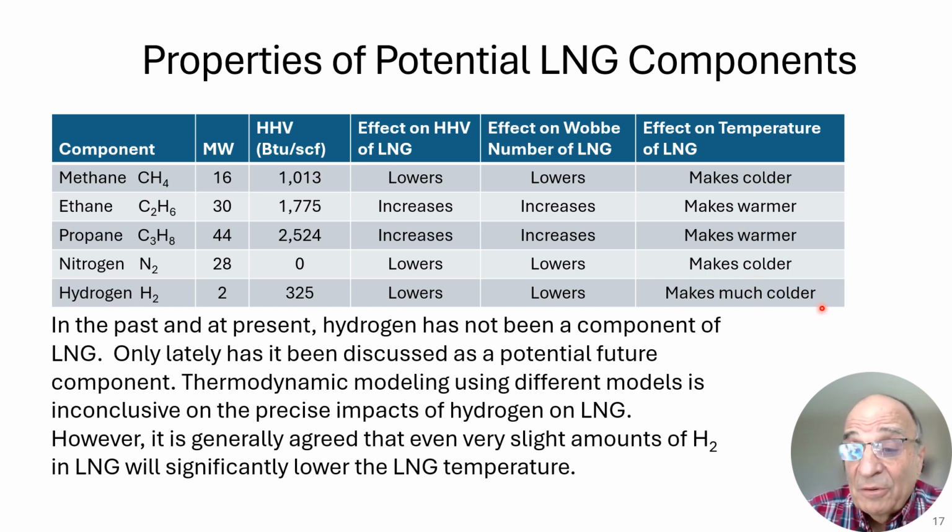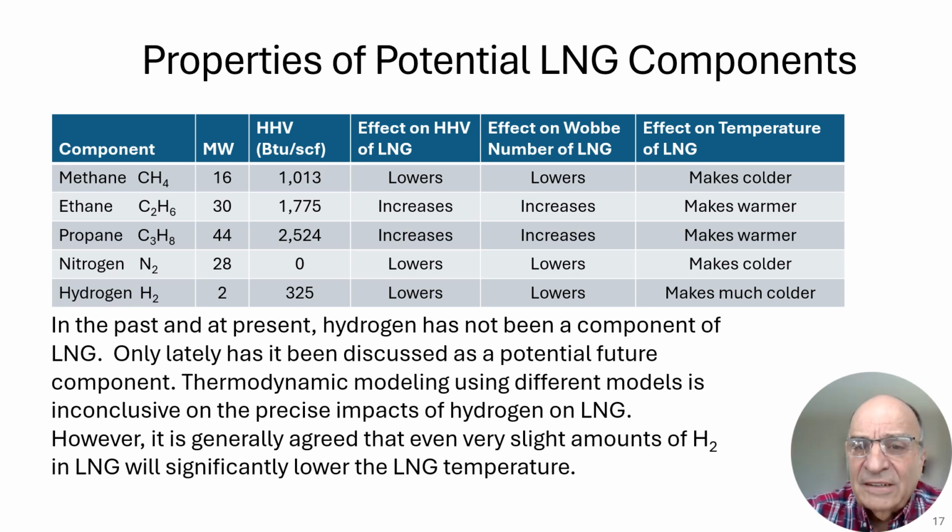As you remember before, we looked at really small amounts, 0.05 to 0.15% hydrogen in LNG. And we were talking about temperatures in the order of magnitude of minus 270, really cold LNG. The reason I highlight that minus 270 is because of two things.